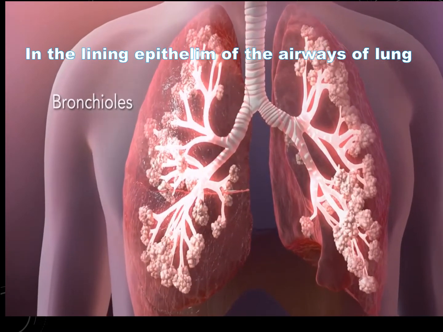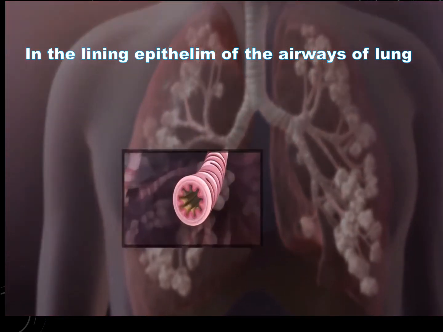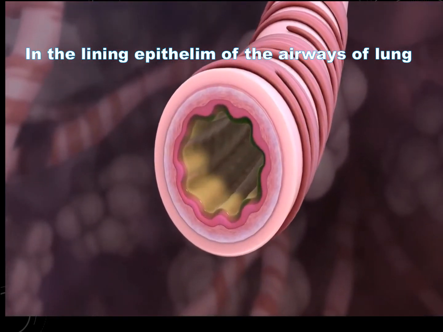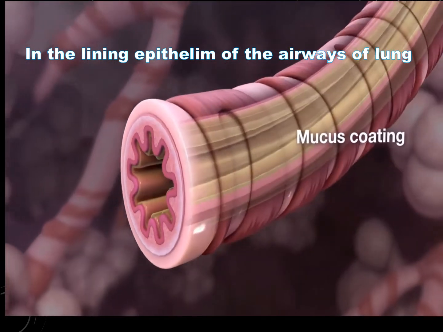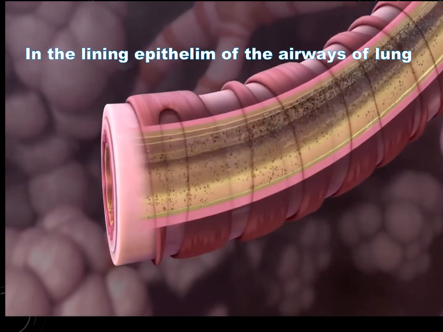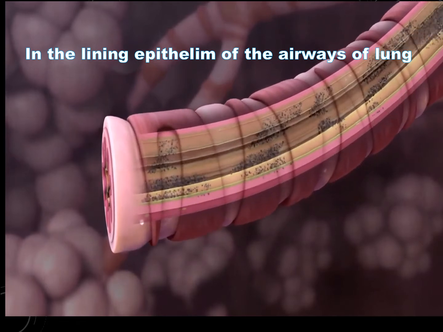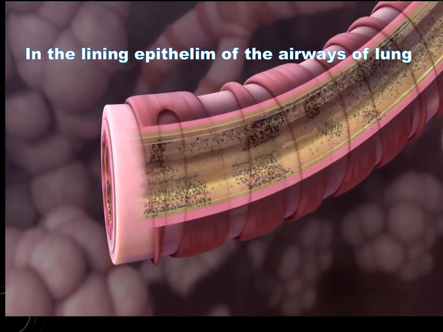The epithelial lining of these airways, such as the bronchi and bronchioles, is coated with a mucus coating which traps the pathogens and foreign substances and has to get rid of them to the outside.